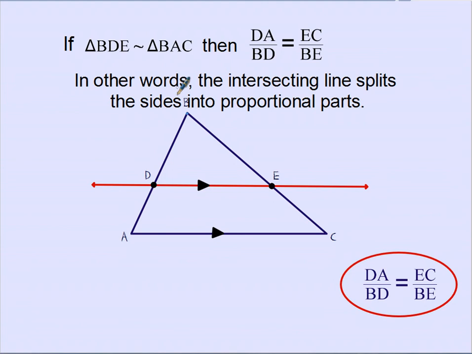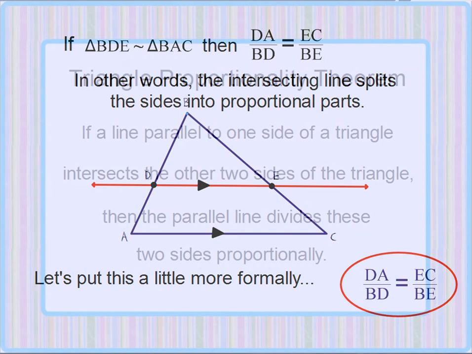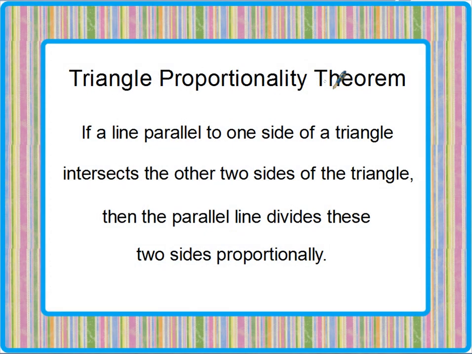And the official definition, or what needs to go in your notes, is the intersecting line splits the sides into proportional parts. To put it a little more formally, the triangle proportionality theorem is what this is called.